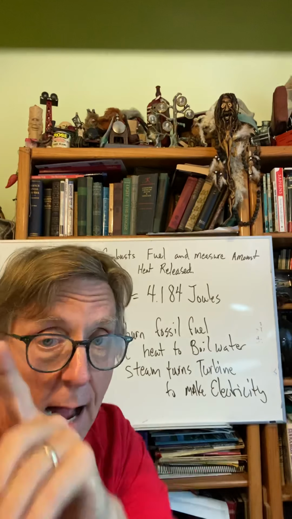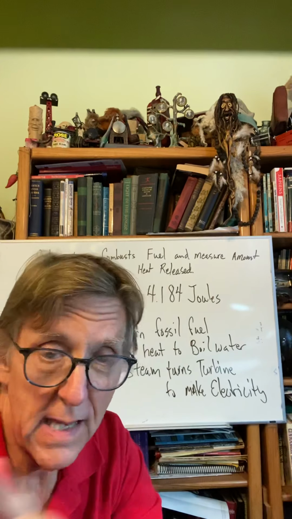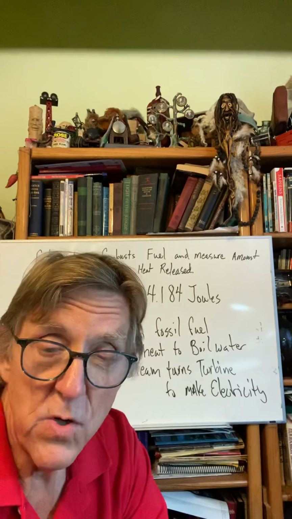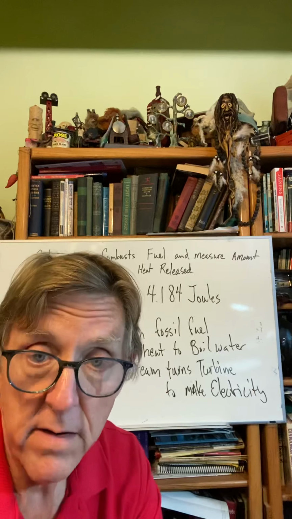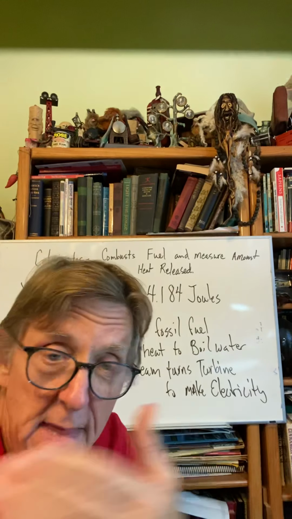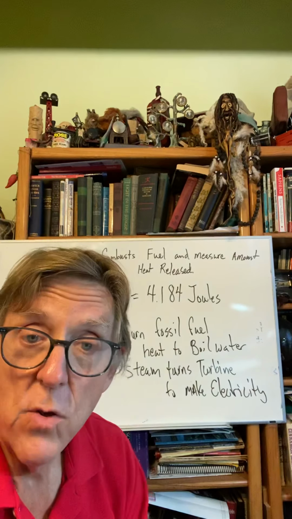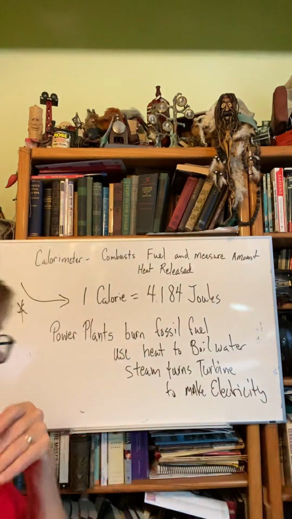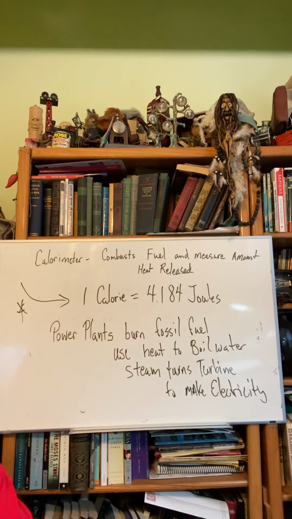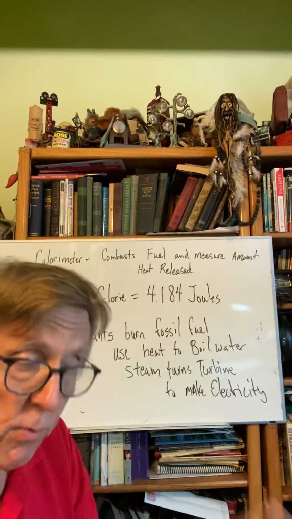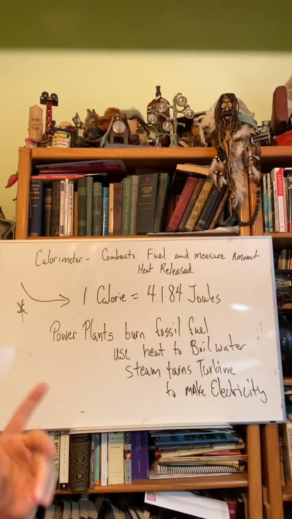We had said you go from a higher energy state to a lower energy state, basically a complex carbon containing molecule to these very simple single carbon containing molecules, carbon dioxide. And because you went from a higher energy state to a lower energy state, you release energy. And so the calorimeter will give you a measure of the potential energy that is present in a fuel.